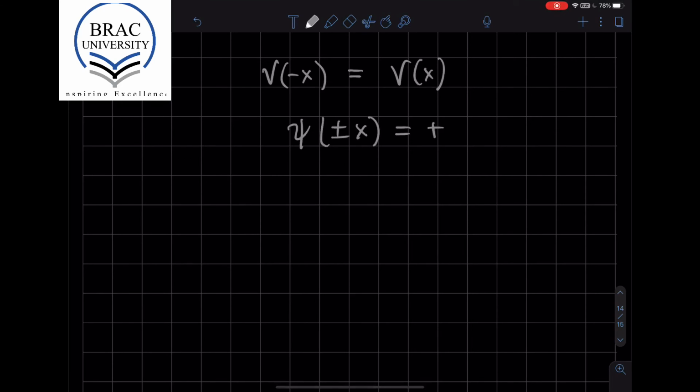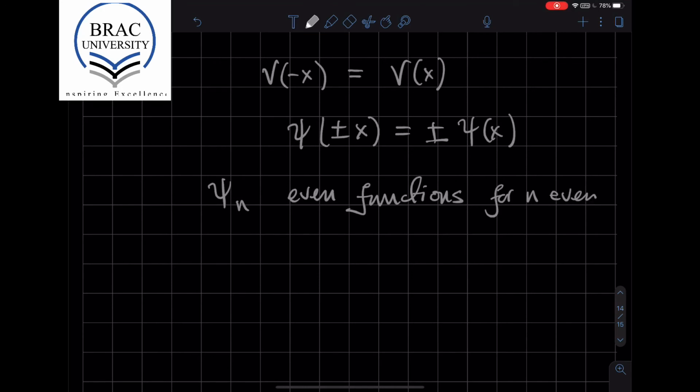They have very definite parities. And here we see that the even Hermites are even functions, and these are odd functions for n odd.